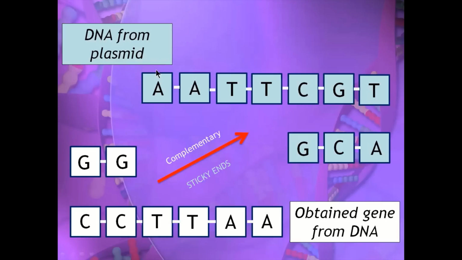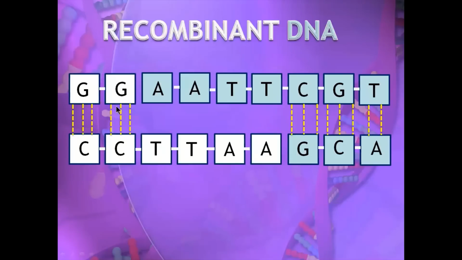This is why. This is the DNA from plasmid, and this is the obtained gene from DNA. You can notice the complementary sticky ends. This is how the recombinant DNA will be formed. You can rewind the video to observe how that happened.